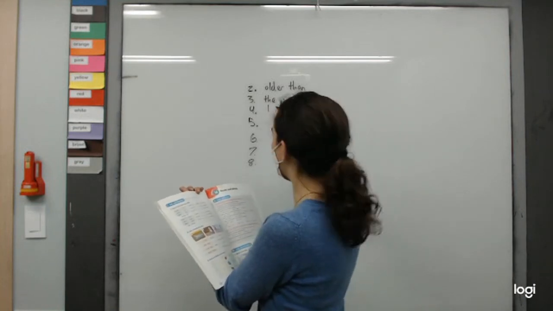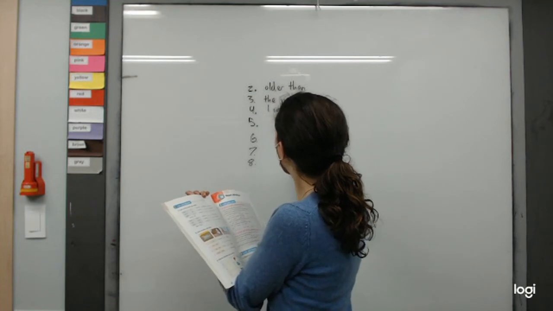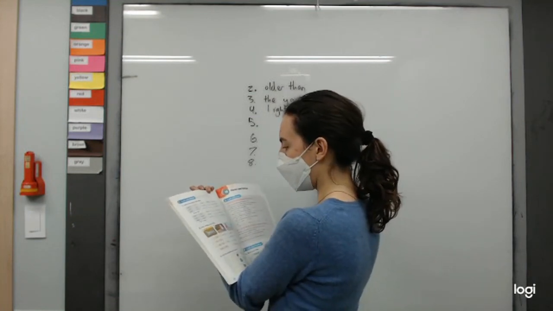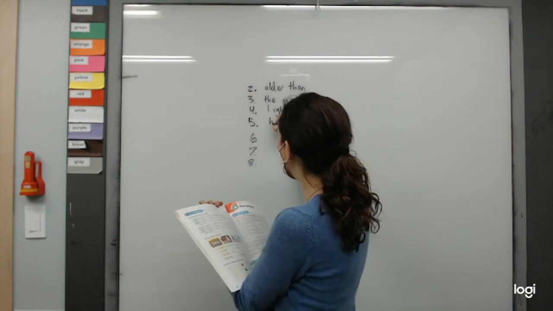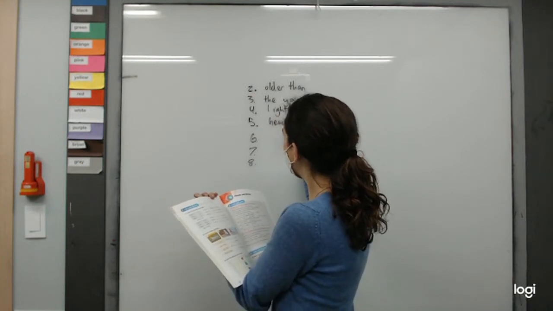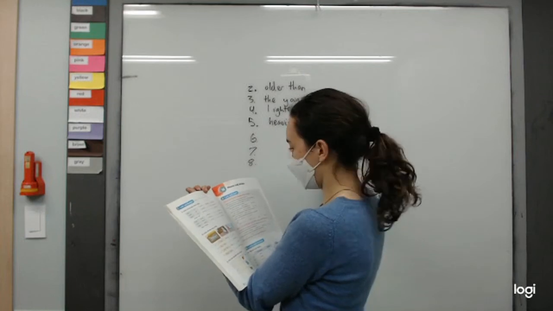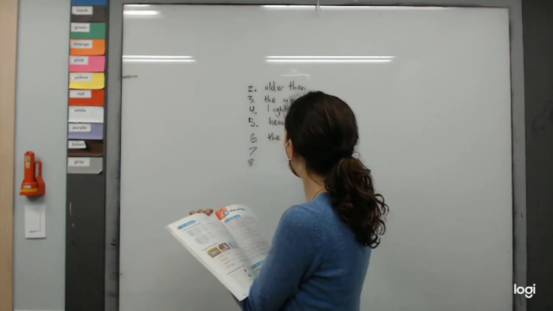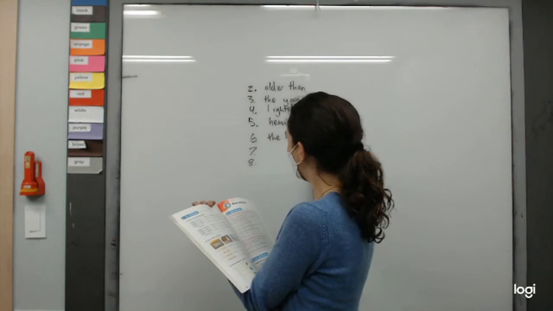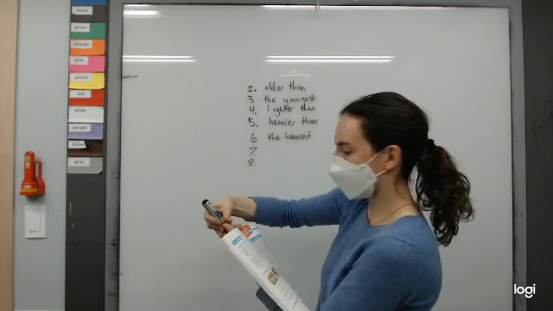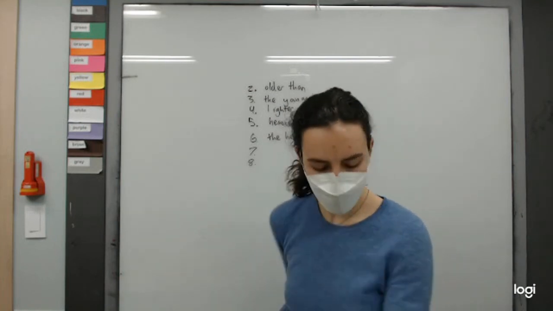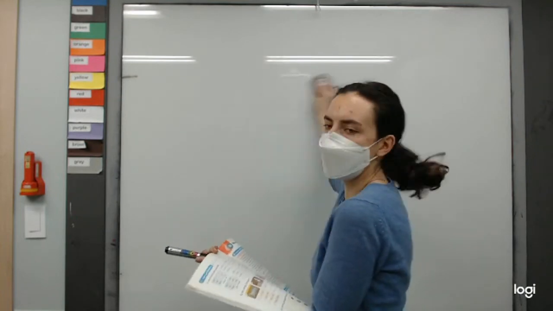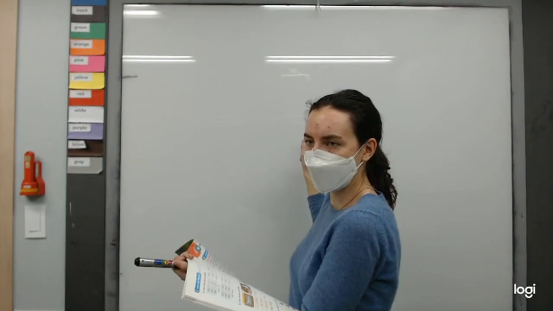Yes, lighter than John. Mike is heavier than Sam. John is the heaviest of them all. Good. Okay. Again, pause to check your answers. Are you okay, Ashley? Am I going too fast?